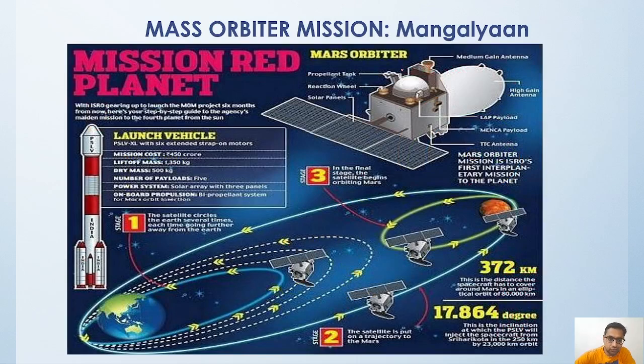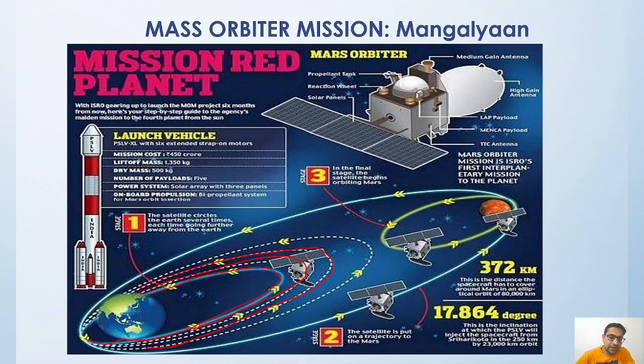Here I wanted to show you. The Polar Satellite Launch Vehicle put this satellite into the orbit of the Earth, like this. Slowly, after every maneuver, we try to increase the orbit of the Mars Orbiter Mission.